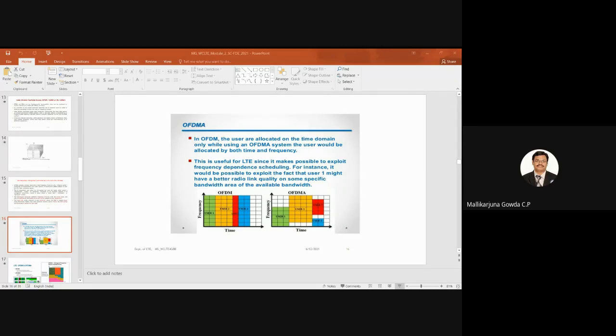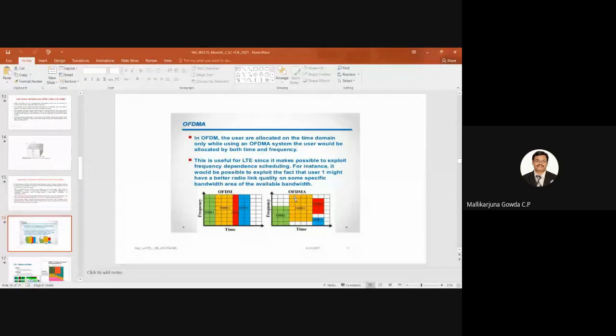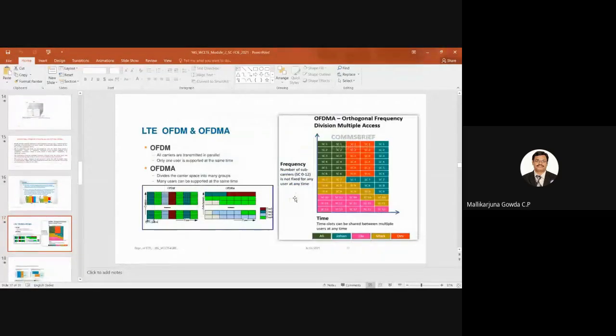This is very useful for LTE since it makes it possible to exploit frequency dependent scheduling, what I said about based on the channel state conditions, how the channels will be swapped between the users, right? That is what this is saying. It is all just to get a better understanding.